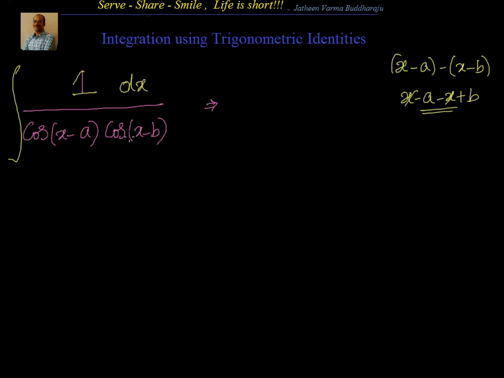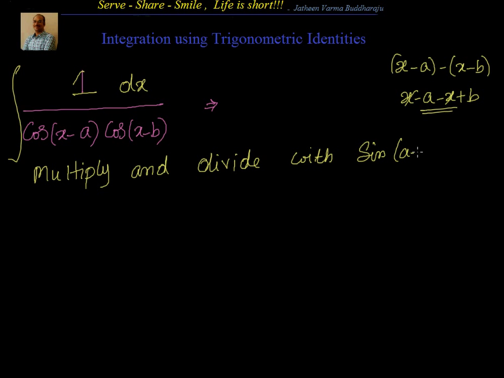Then obviously we should be able to cancel out some of them, and the remaining should be easy to integrate. So that's the idea. The first step is to multiply and divide both numerator and denominator with sin of a minus b.